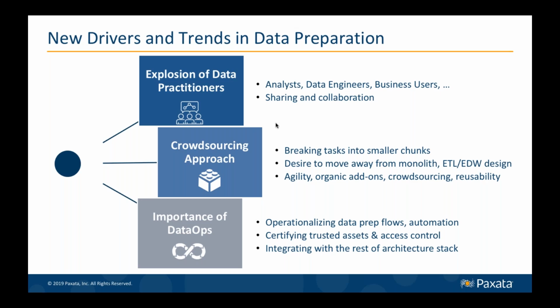For example, I can come in and build a data preparation flow today that's built upon 10, 20, or 30 other different data flows that I have created in the past or my colleagues have created in the past. And as I do that and I start to automate the job that I'm building today, I expect my data preparation solution to have the intelligence to understand all the dependencies across the data flows that I have brought into my project so that I don't have to think of that.